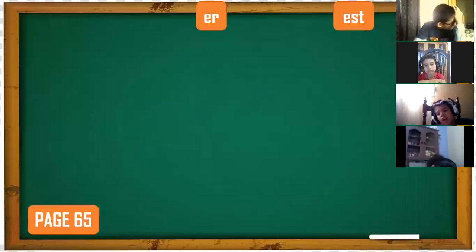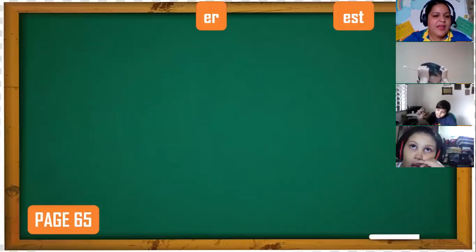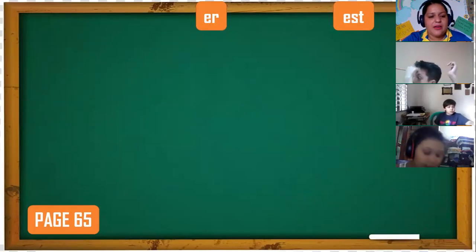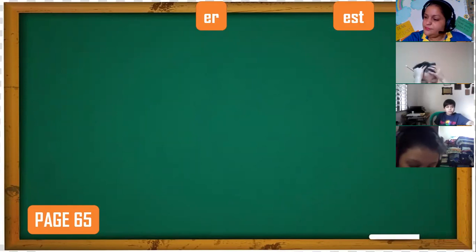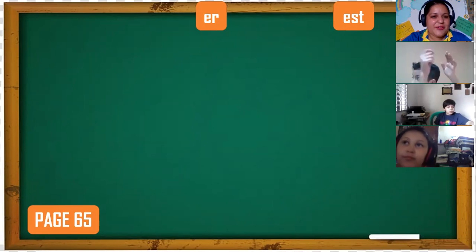Okay, let me check another person right here. Nady, read the second instructions for the exercise, please. From page number 65. Add the suffix er and est to form new words. Excellent, very good. Now, thank you very much, Nady.